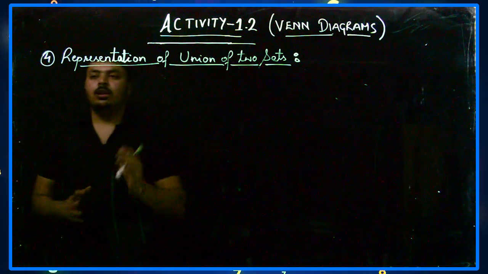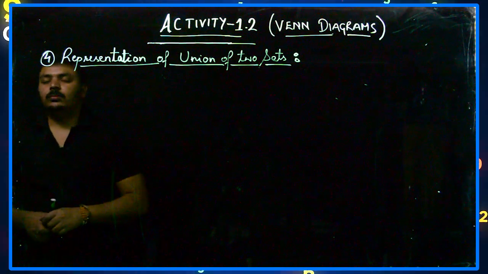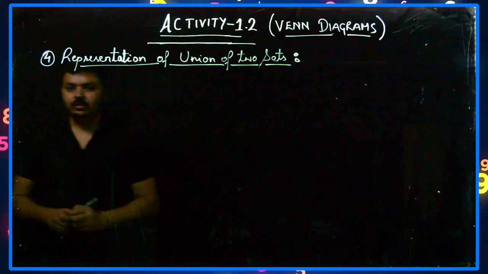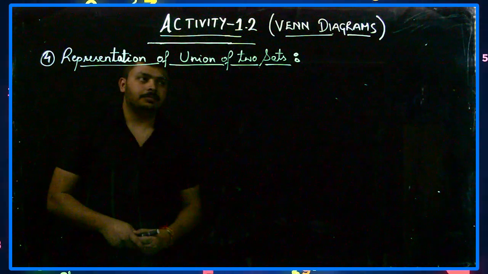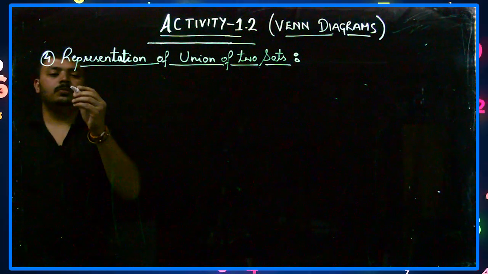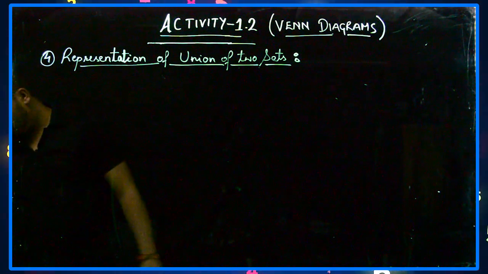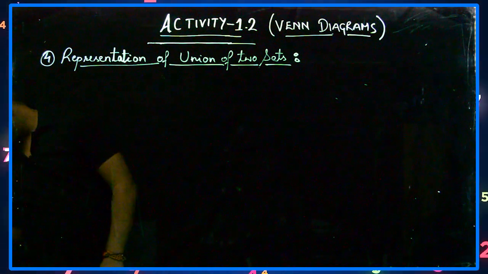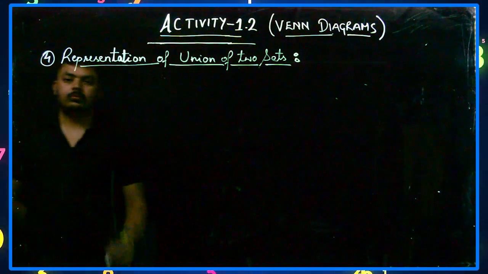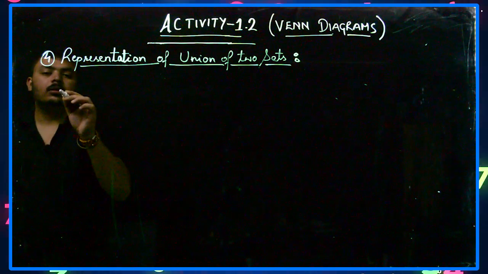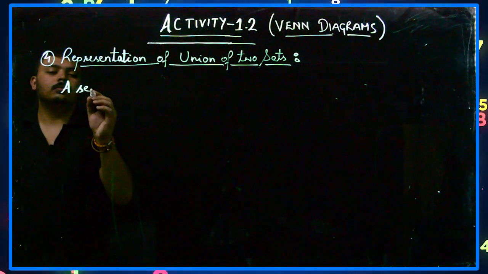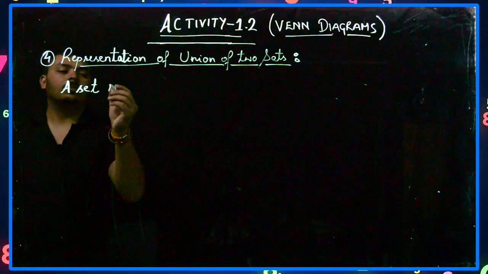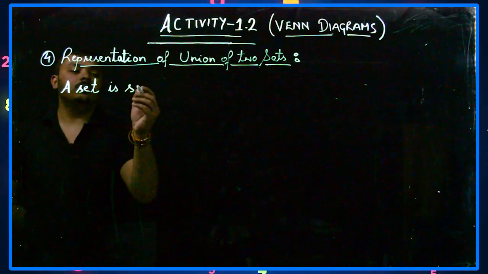So students, now the fourth point, representation of union of two sets.